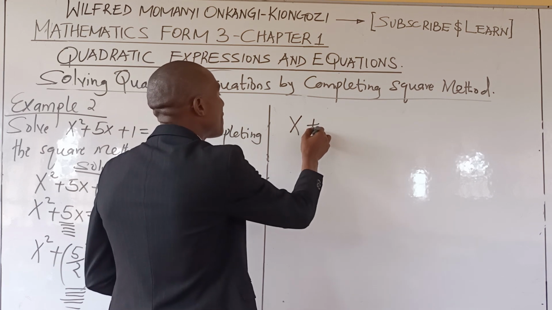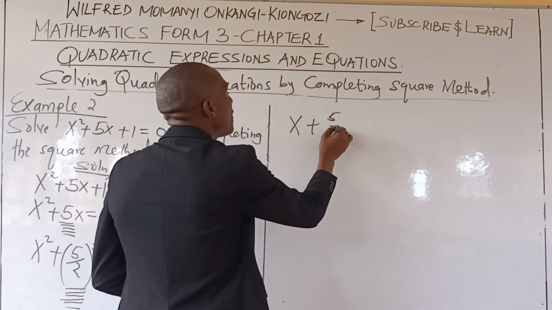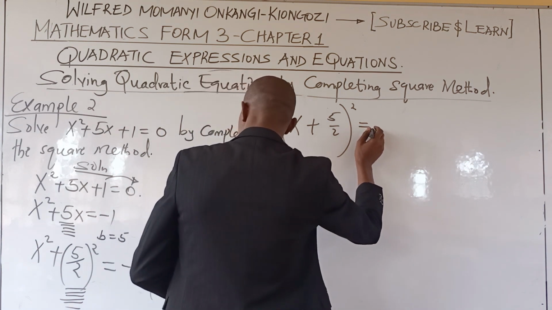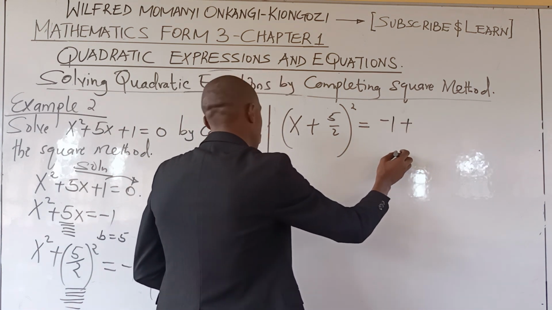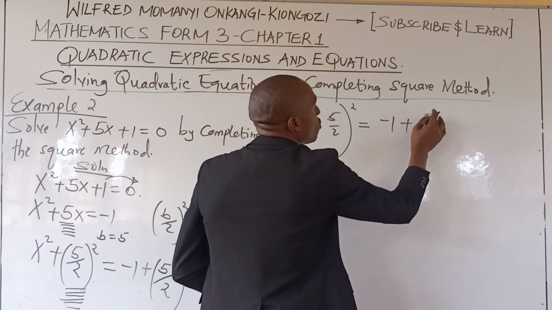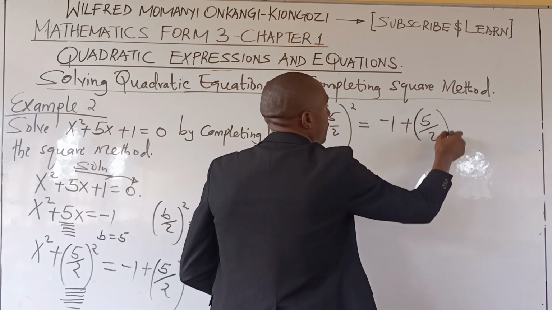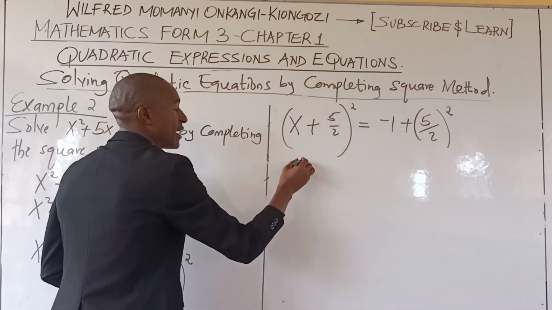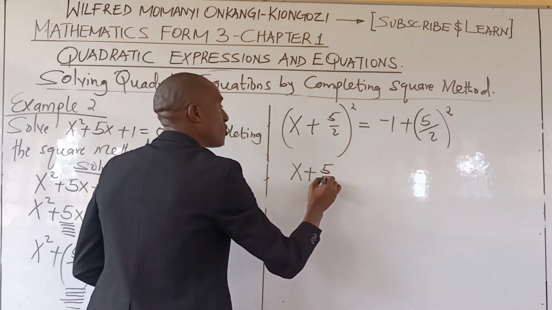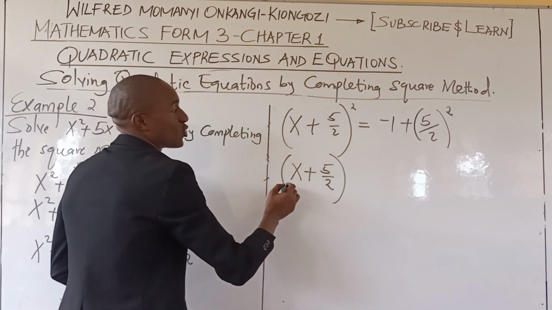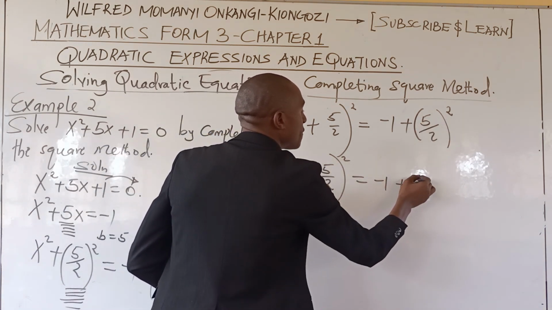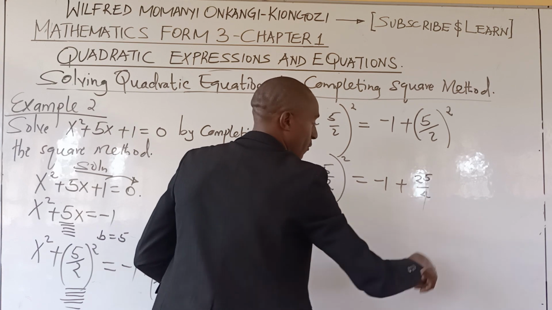I would say x plus 5 over 2 squared is equals to negative 1 plus 5 over 2 squared. Solve that one, but this one should be left, because we shall do something to it. Square is equals to negative 1 plus 25 over 4.